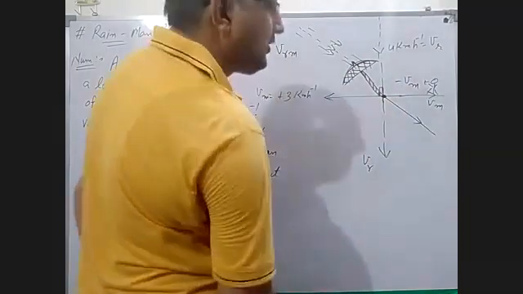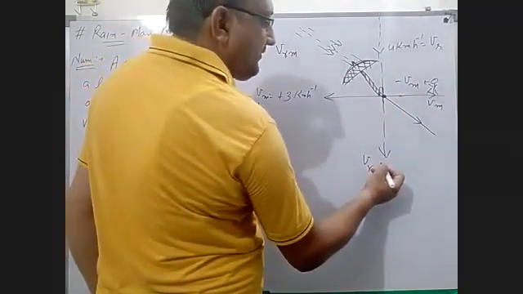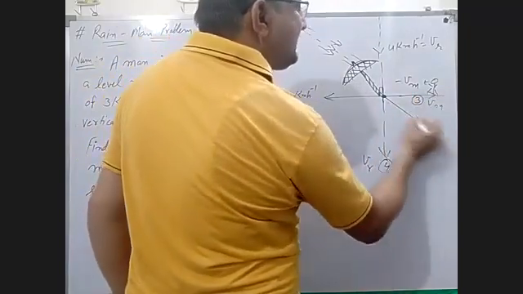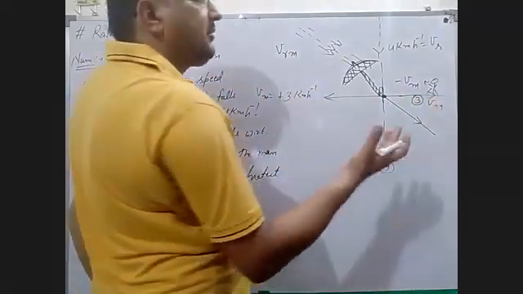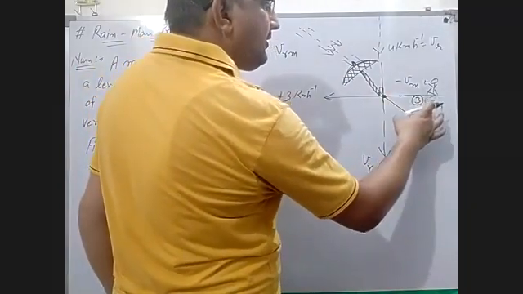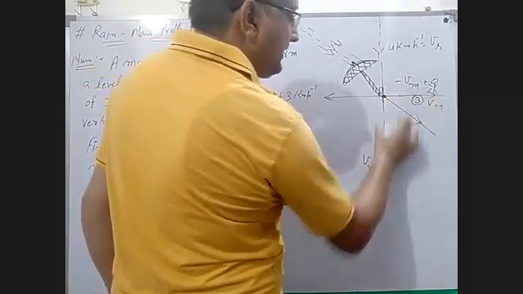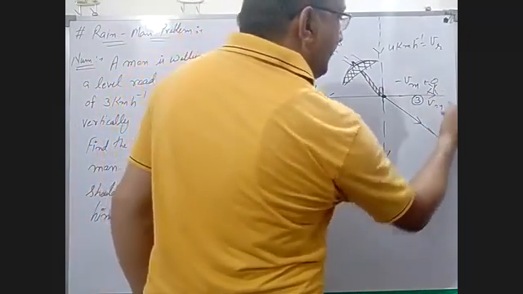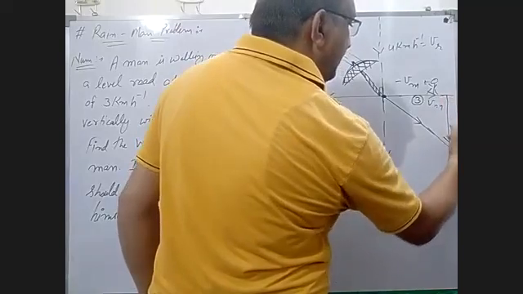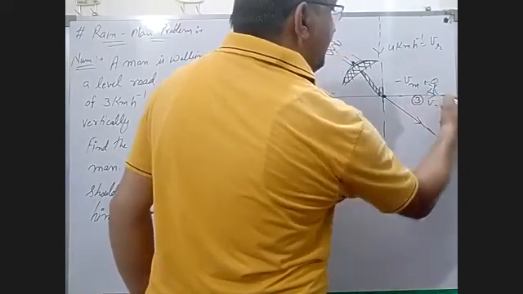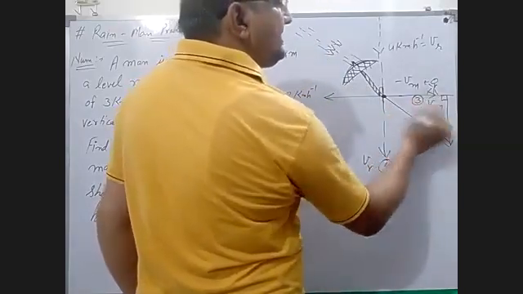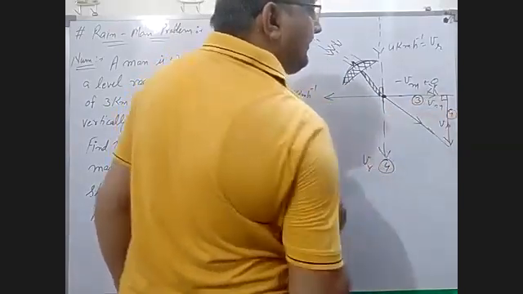And how can you solve this? This velocity is 4, this velocity is 3, and this is the diagonal of a parallelogram. This is velocity VR, and you can take here also VR. So you can also apply Pythagoras here. This is 3, this is 4.